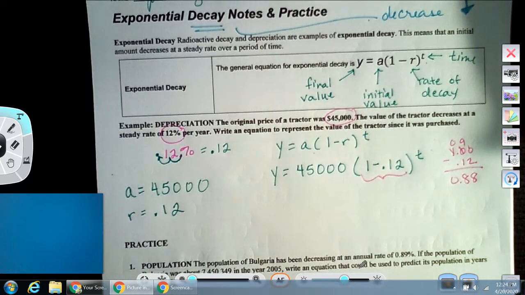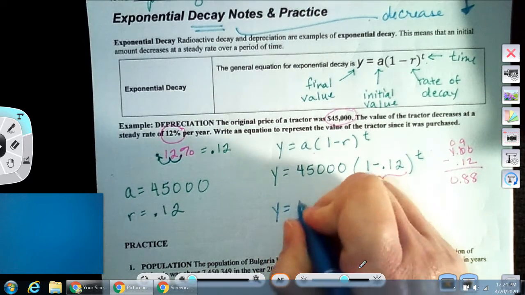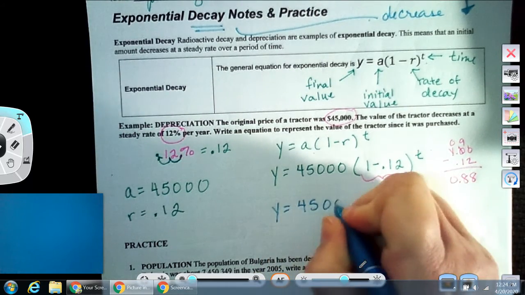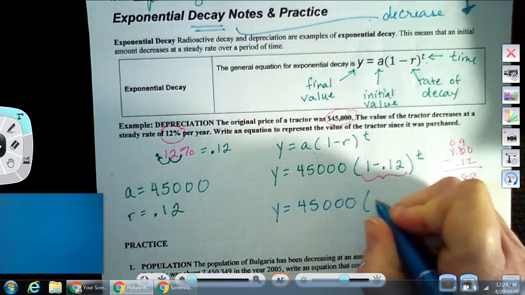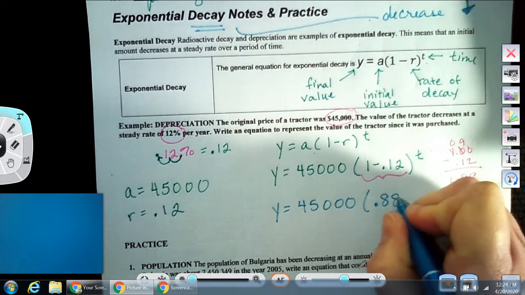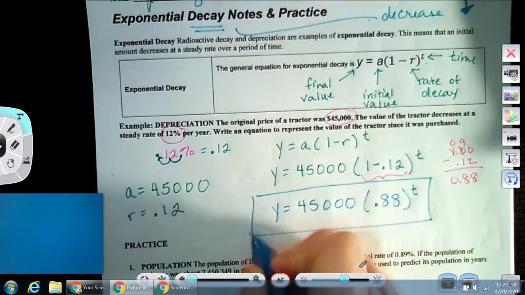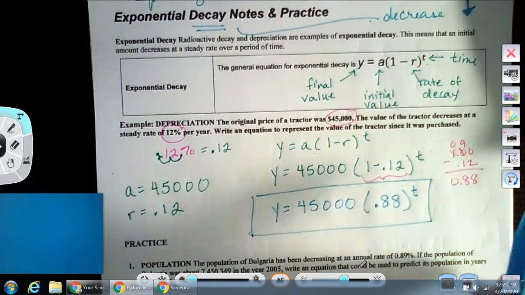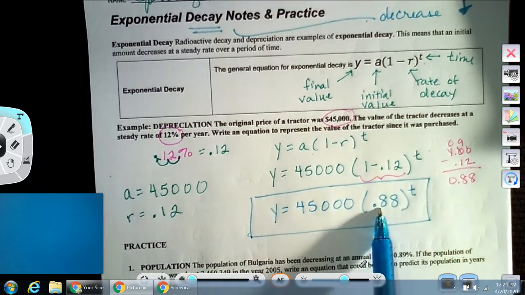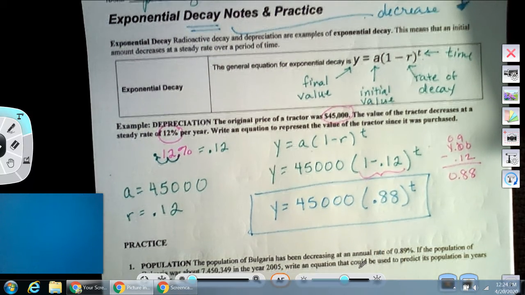So we have y equals 45,000 times 0.88 to the t. And that is our decay function. And I can tell it's decay because this number is smaller than 1. That's where it's different from our growth functions.